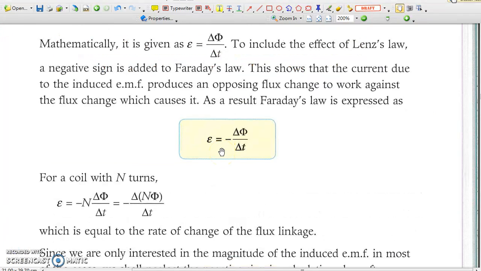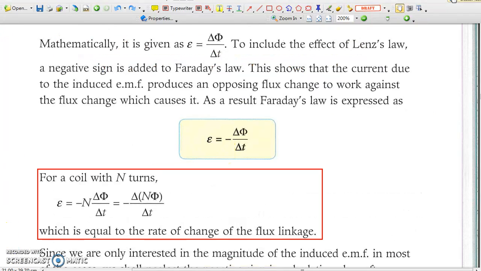To include Lenz's law, and for a coil with N turns, the equation is written as epsilon equals negative N multiplied with delta phi over delta t, which means the rate of change of magnetic flux multiplied with N.